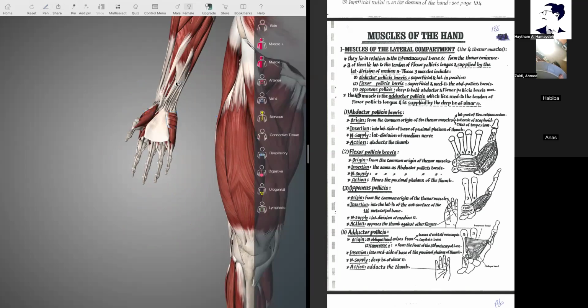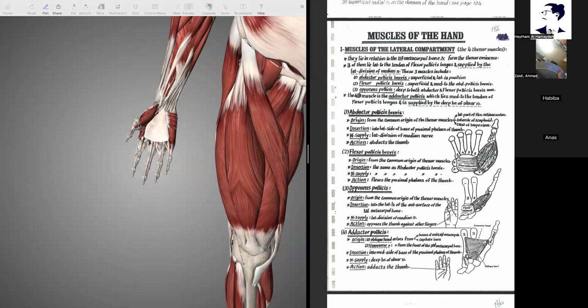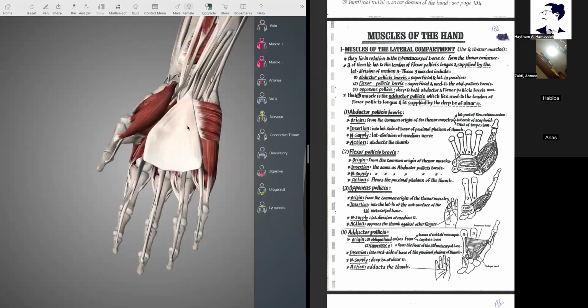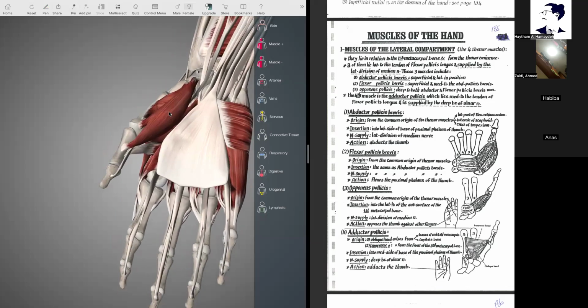And in the lateral compartment, this bulge here is made up of thenar muscles, and they lie in relation to the first metacarpal bone. And in your notes, please, first compartment, lateral compartment.